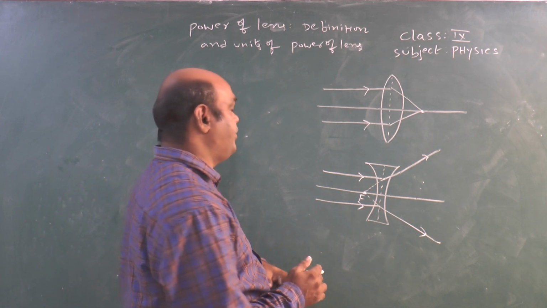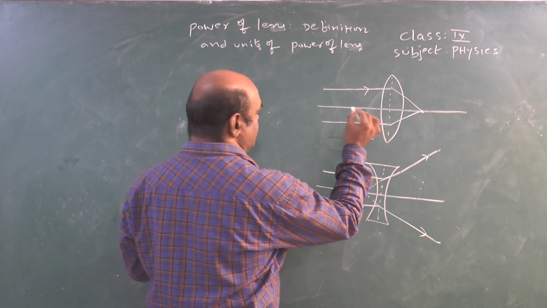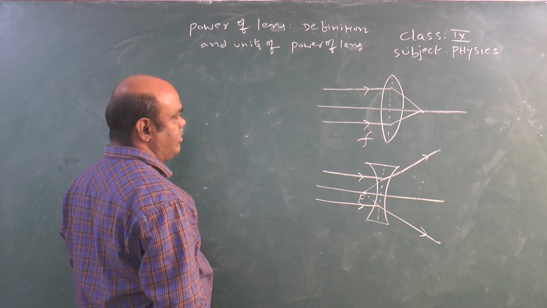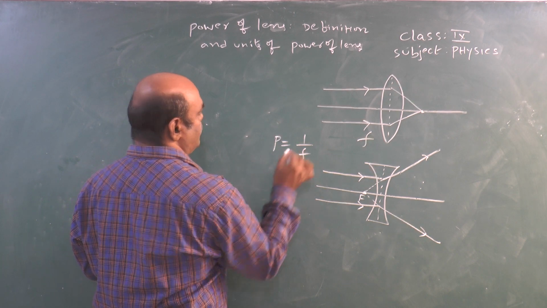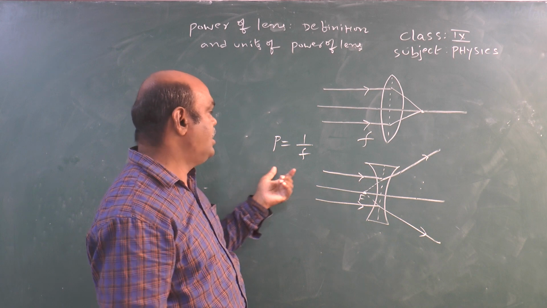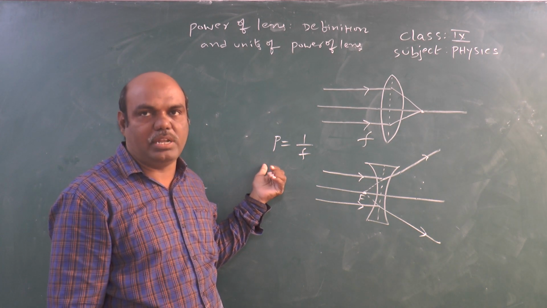But from a mathematical point of view, if f is the focal length of a convex lens, then the reciprocal of the focal length of a lens is called the focal power of a lens.